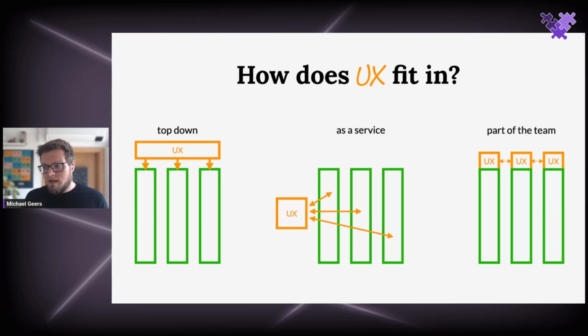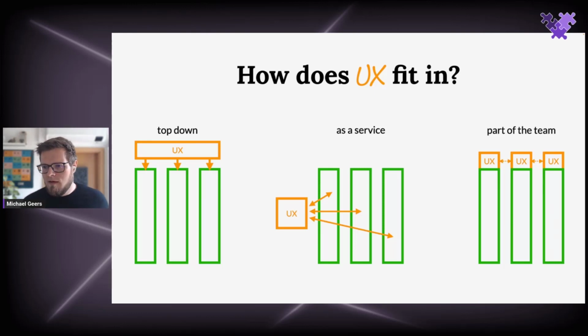This works great if you're starting a new project and there's UX demand in all of the teams. But as we noticed over time, the need for UX work varies quite a lot. You have some phases where you need a lot of input and a lot of discussions, but you also have months or weeks where there's nothing to do for someone whose main job is doing UX considerations and testing.